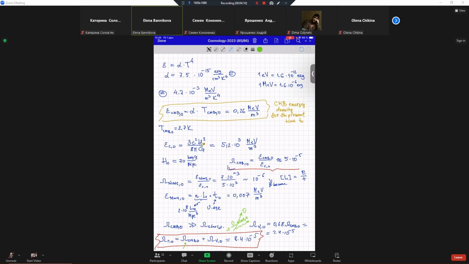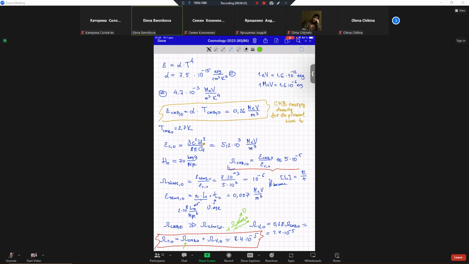The distribution of galaxies together with the stars inside looks like a spider net, located in filaments, and we have huge voids where we don't have any stars and galaxies.